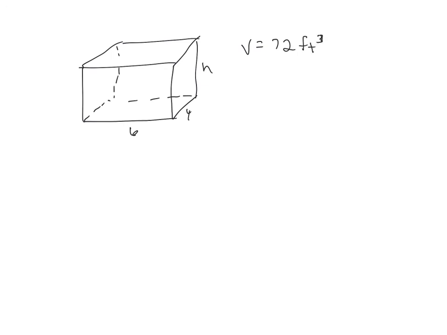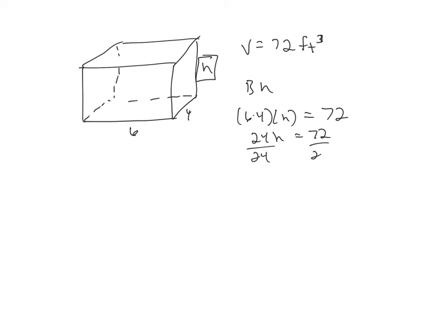So it gives you the volume, and then it wants to know what's this missing value. So, you know, the volume equals area of the base times height, and the area of the base is 6 times 4. And then the height, but then it tells you the answer needs to be 72. Okay, so then you just solve the equation. And the height is 3.